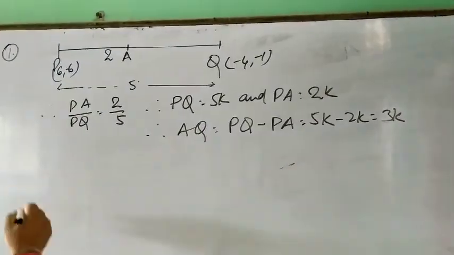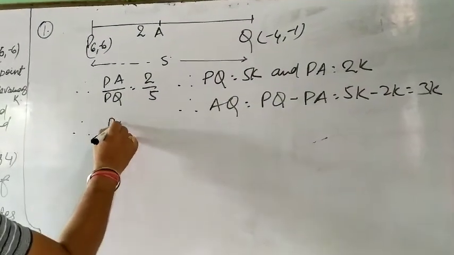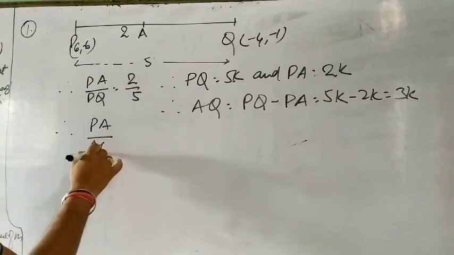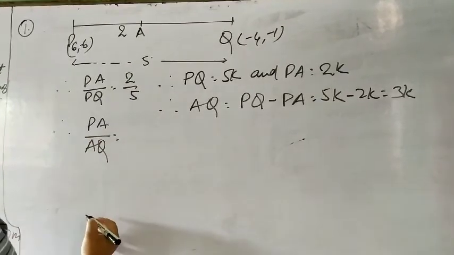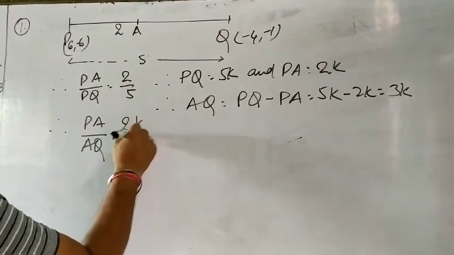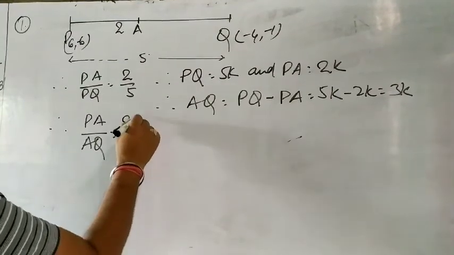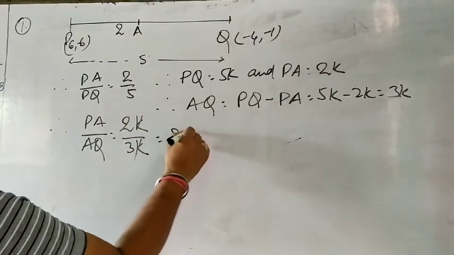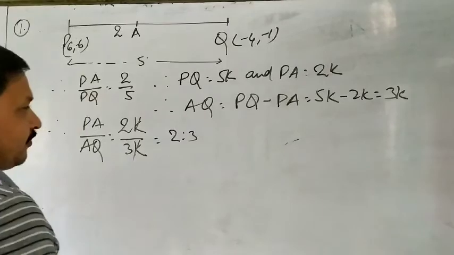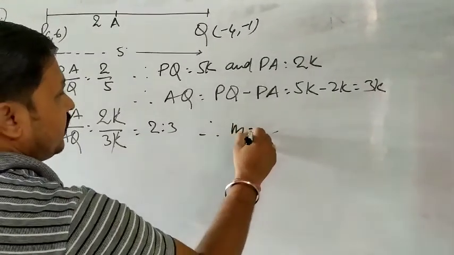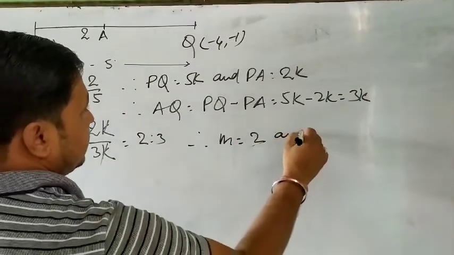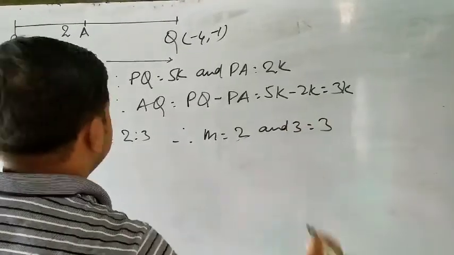That means PA by AQ equals 2k by 3k, so that 2:3. That means m equals 2 and n equals 3.